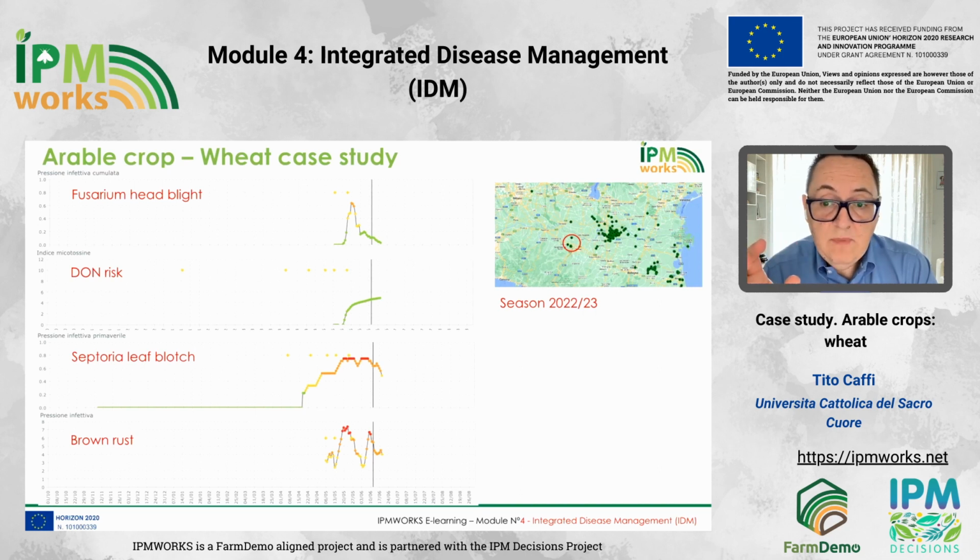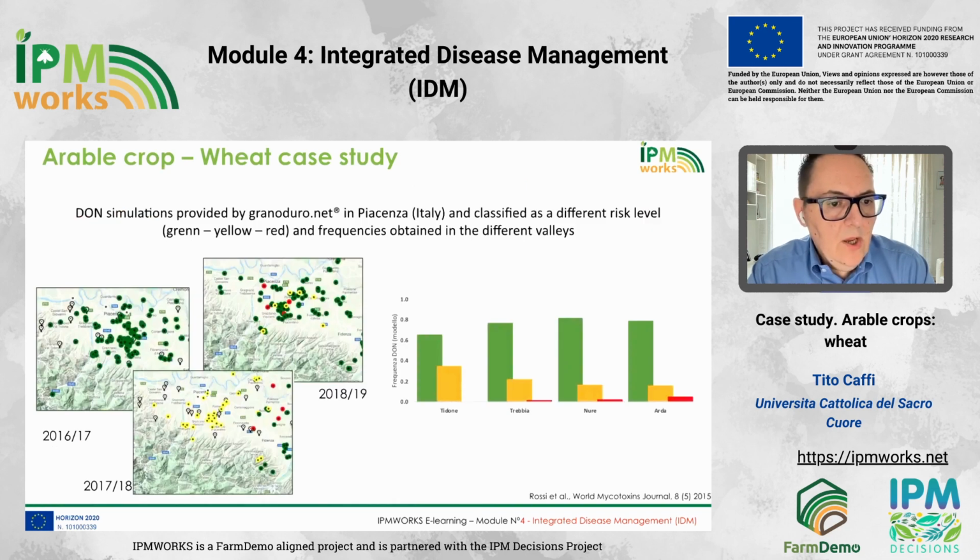So protecting the spike from Fusarium head blight, but also protecting the spike and the upper foliage from the other leaf diseases. We were also using the application of such a type of model and decision support system.